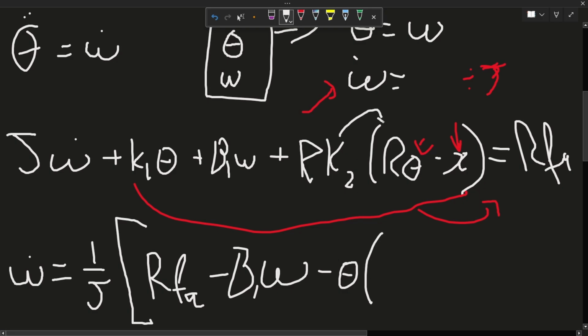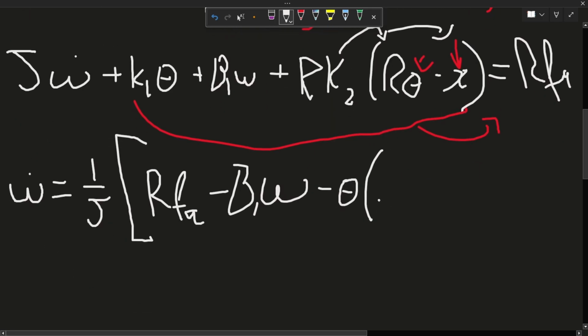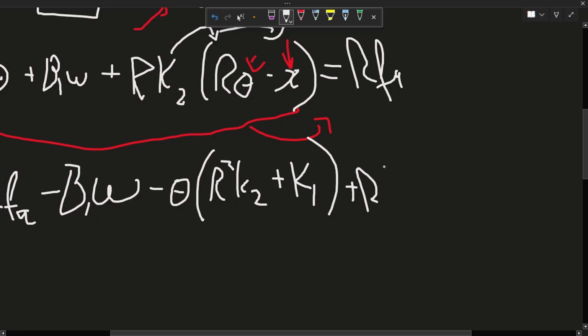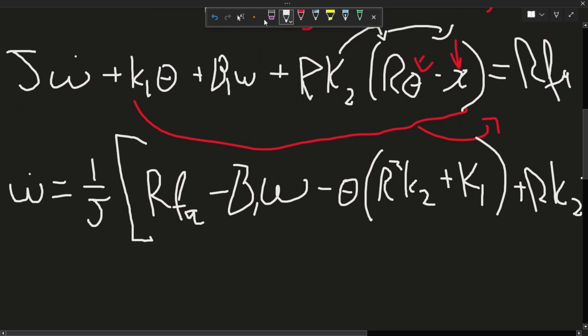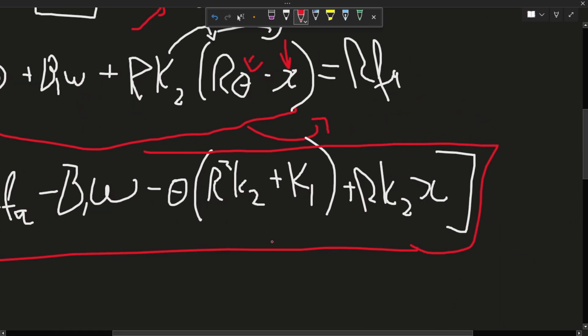Okay, this you distribute. R squared K2 plus K1 theta plus R K2 x. Right? Am I forgetting something? No. That's it. So we have our omega dot.